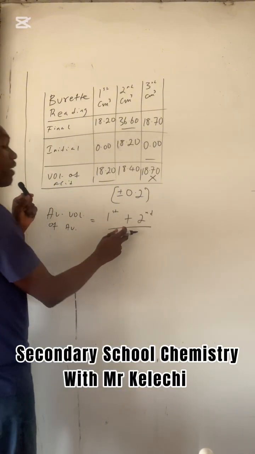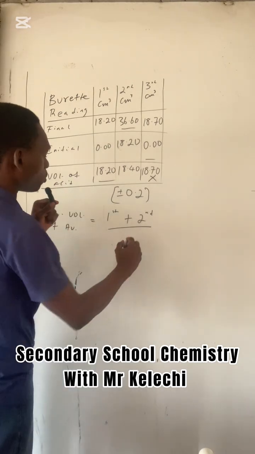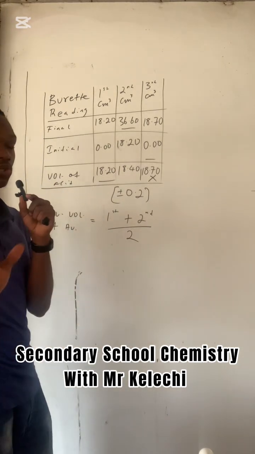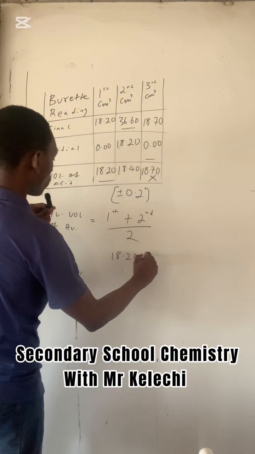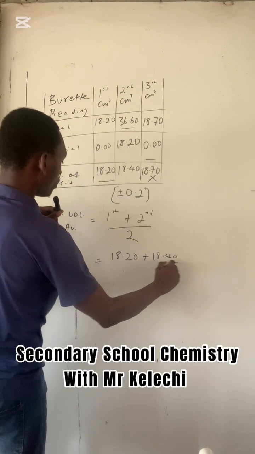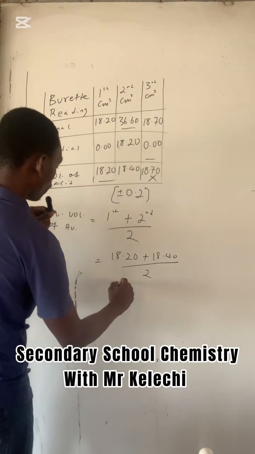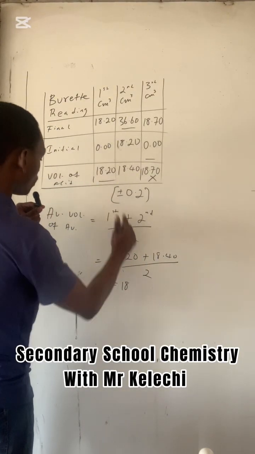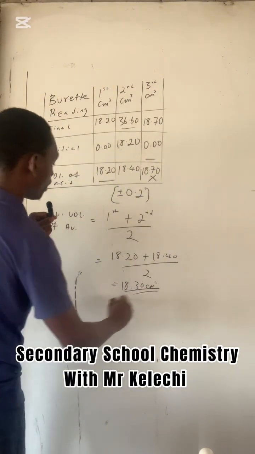Instead of dividing by 3, because it's now two values we are making use of, we divide by 2. That's 18.20 plus 18.40 divided by 2. If you take the average of these two, the volume of acid used based on this table is 18.30 cm cubed.